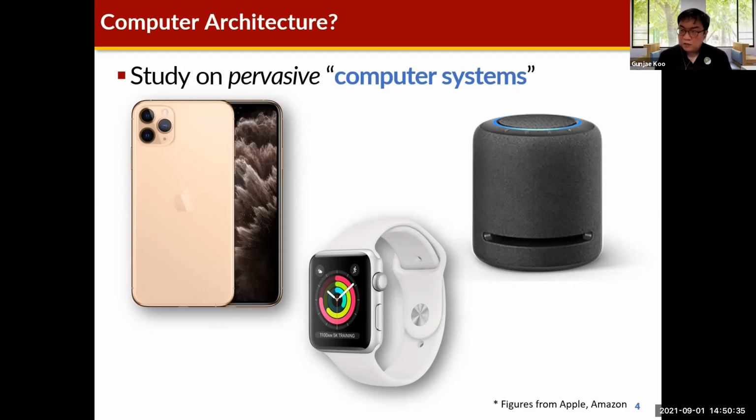And these hardware systems are called computers. I titled this pervasive computer systems. Pervasive means widely used, widely deployed. That means we use computer devices or computer systems every day and every time.